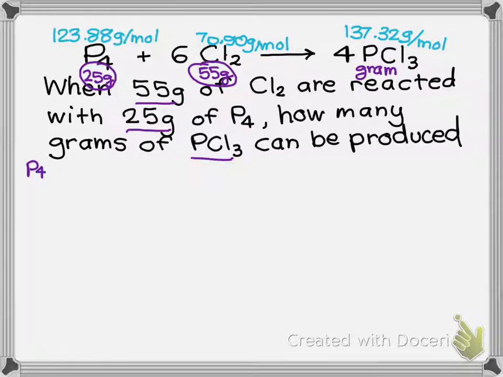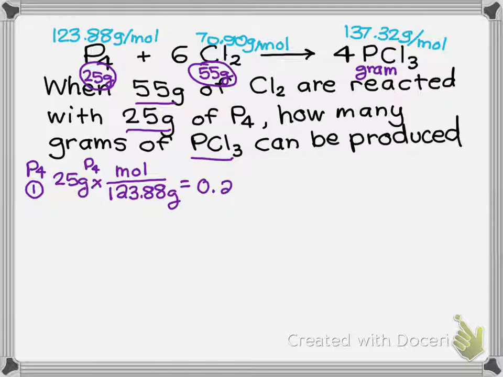So I'll just start with P4. It's 25 grams. I'm going to divide by the molar mass, which I've already calculated here for us. First step, I'm going to divide by the molar mass, and that gives me the moles of P4.